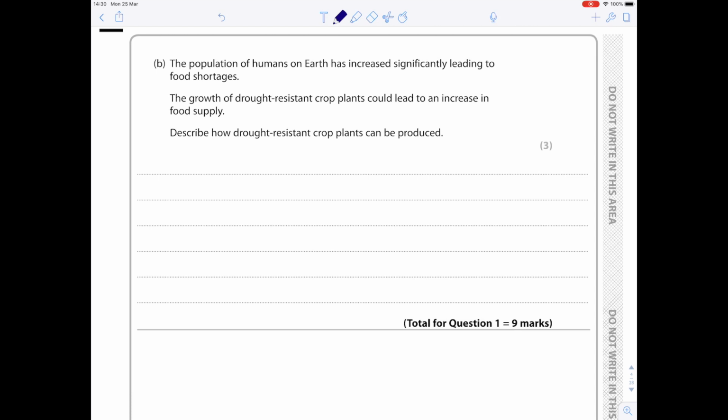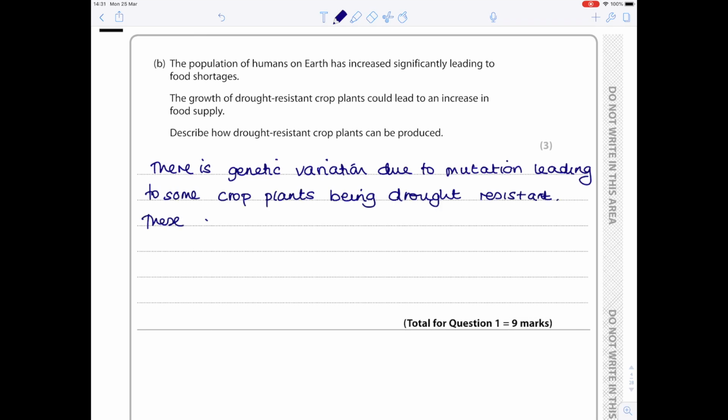So first of all, you need to state that there is genetic variation due to mutation, leading to some crop plants being drought resistant. These drought-resistant crops are selected and are cross-pollinated, so basically you're forcing them to interbreed.